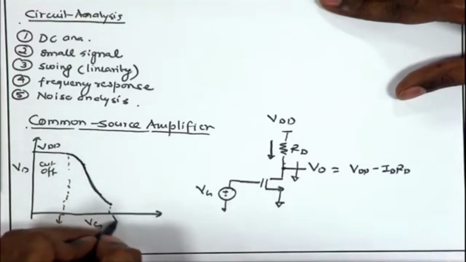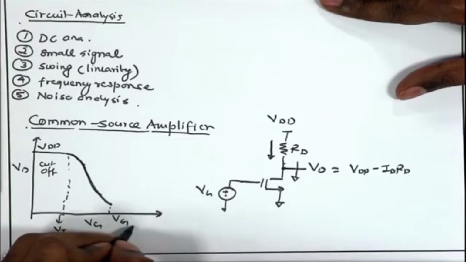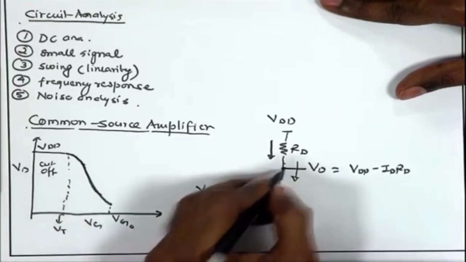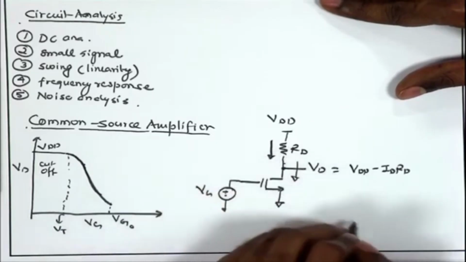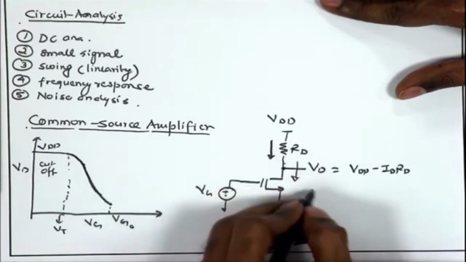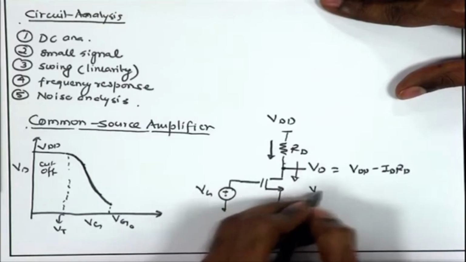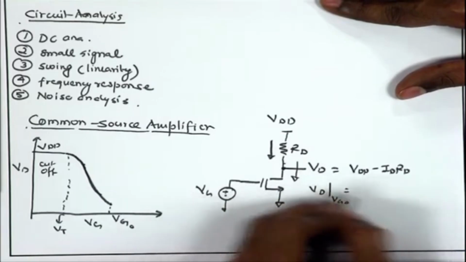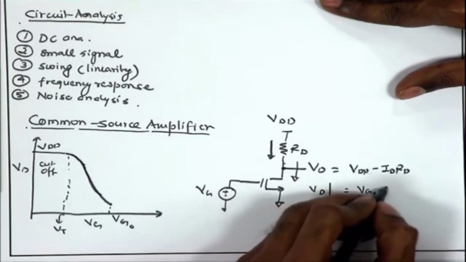Beyond a certain point, say at Vg naught, suppose the drain voltage after falling so much has reached the condition where Vd at Vg naught is equal to Vg naught minus Vt.